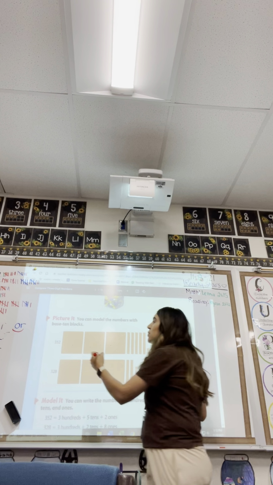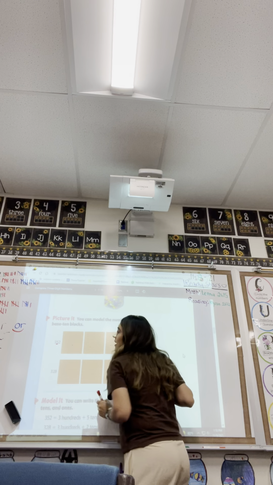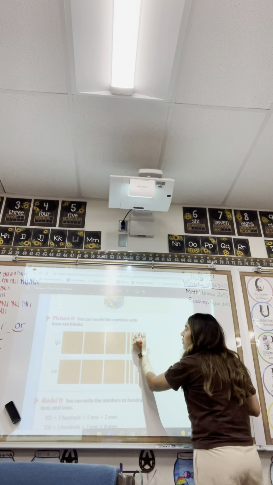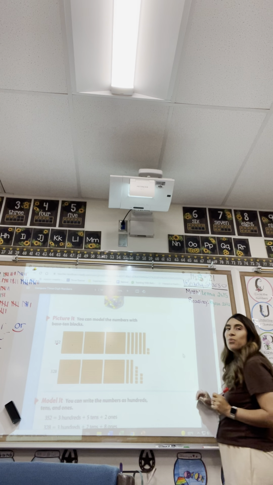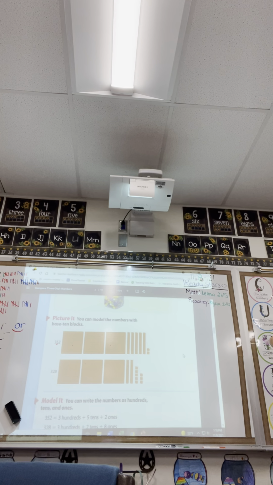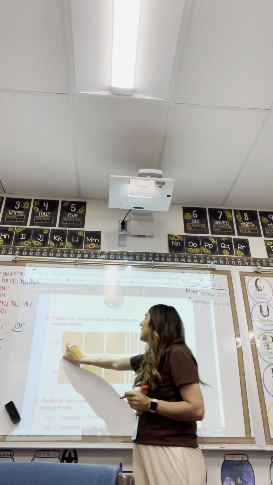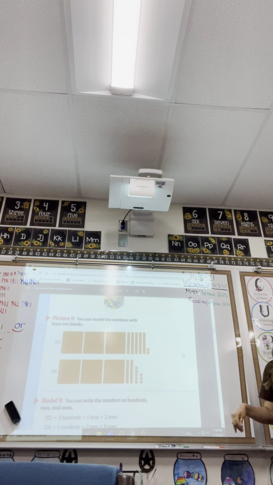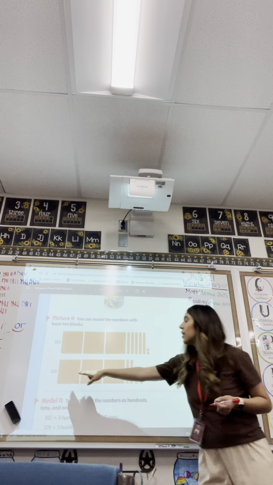And then there's also a 5 in my tens place. And I have 1, 2, 3, 4, 5. And how many ones do I have? Victor? 2. It's modeled right here for me. 352. And then we also have 328. We have 3 hundreds groups.